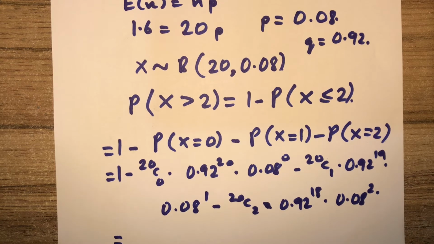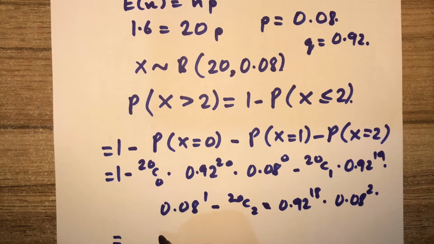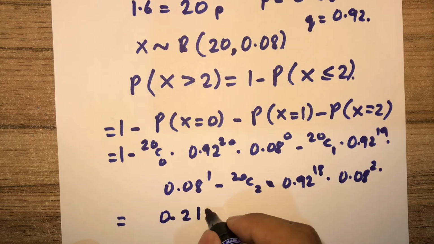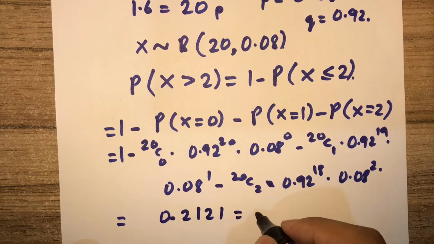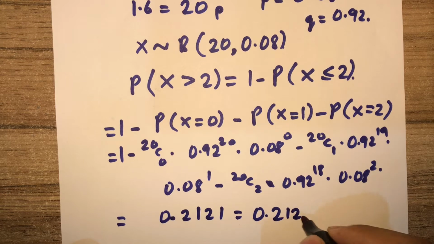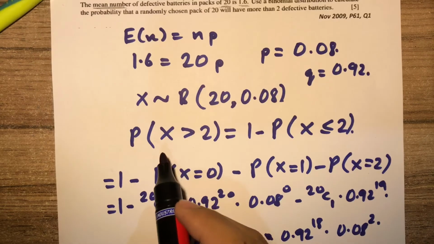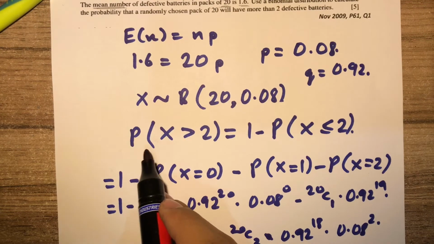So this is coming equal to 0.2121. You can write it as 0.212 to 3 SF. So that is the probability of there being more than 2 defective batteries.